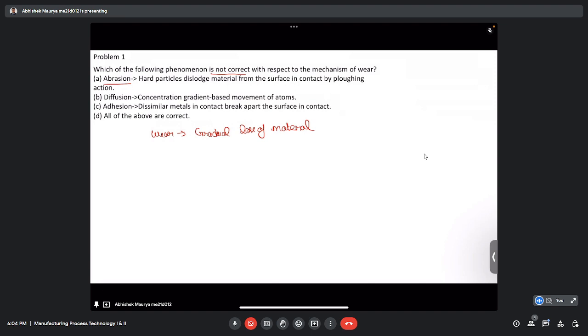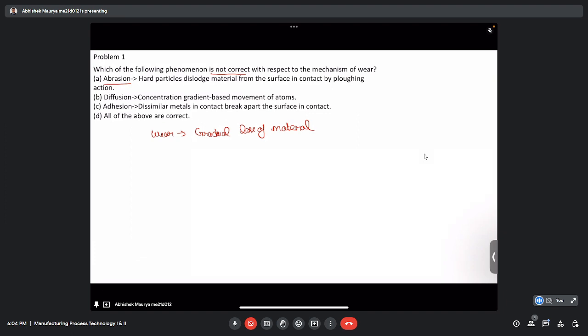Basically, when two bodies are in contact, then over a period of time, one of the bodies loses its material, and that is called wear. This is an undesirable phenomenon.